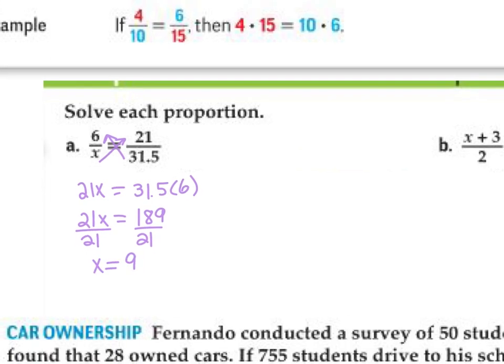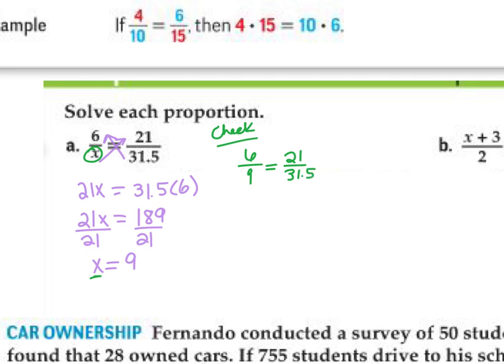In order to check that work, to see if our proportion is in fact true, we're going to plug our x value back into our proportion. So for our check, we would say 6 over 9 equals 21 over 31.5.